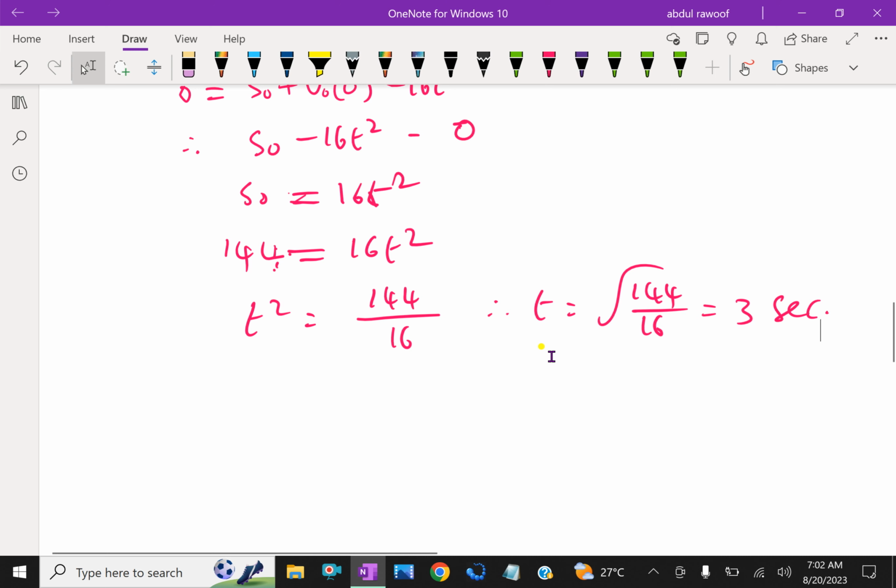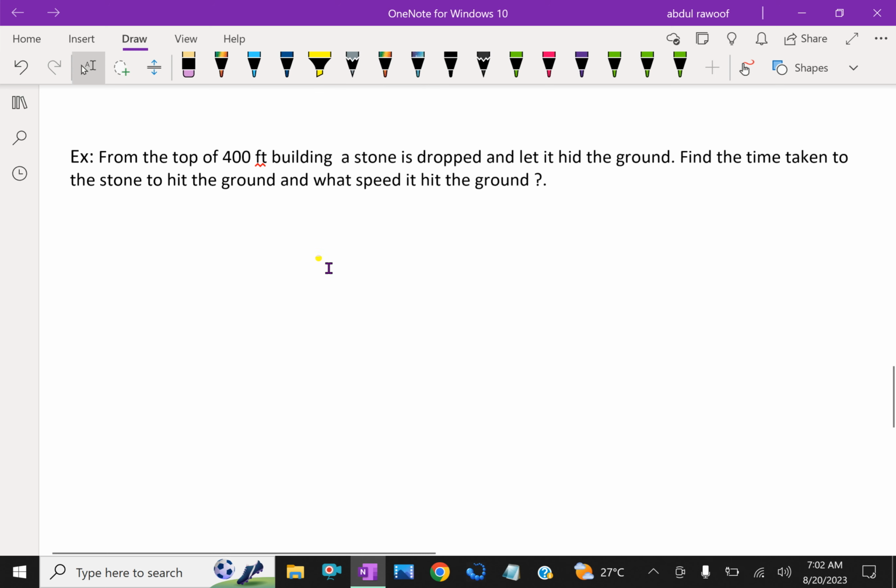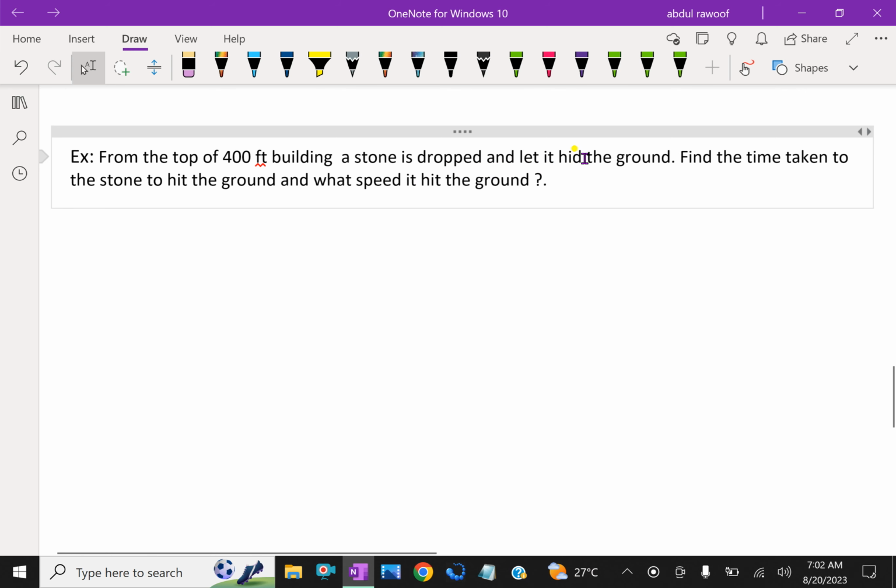Next question. From the top of a 400 feet building, a stone is dropped and let it hit the ground. Find the time taken for the stone to hit the ground and at what speed it hits the ground. Here your distance is 400 feet.